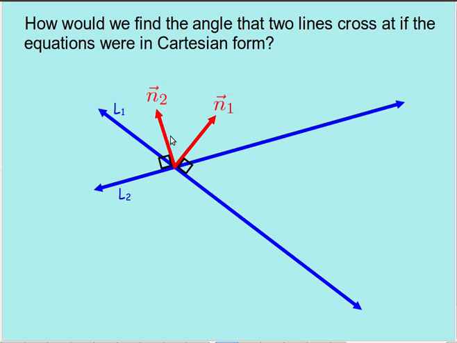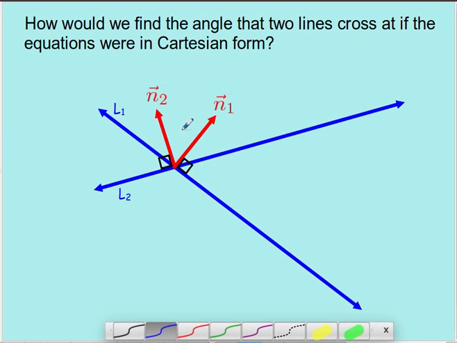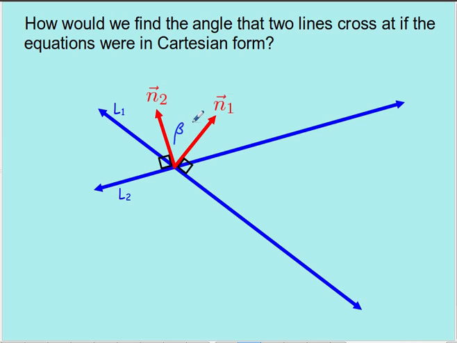And this normal vector is perpendicular to this line L2. And so if we are trying to find the angle between them, well, that's the same problem that we were looking at before. This time I'm going to call it beta on the next slide. So if we're trying to find this angle in between them and we have these vectors, then we can use that same relationship we did before.